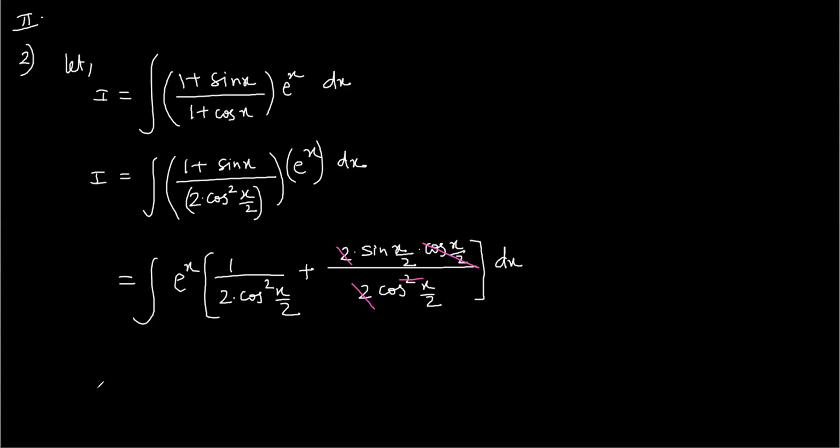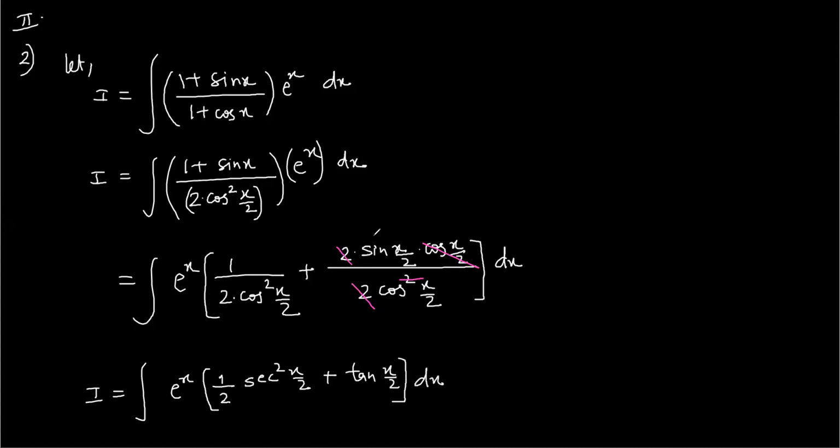So I get I equals to e raised to x, and here 1 upon 2 sec square x by 2, because 1 upon cos square x by 2 is sec square x by 2, plus sine upon cos is tan, so plus tan x by 2, and dx.